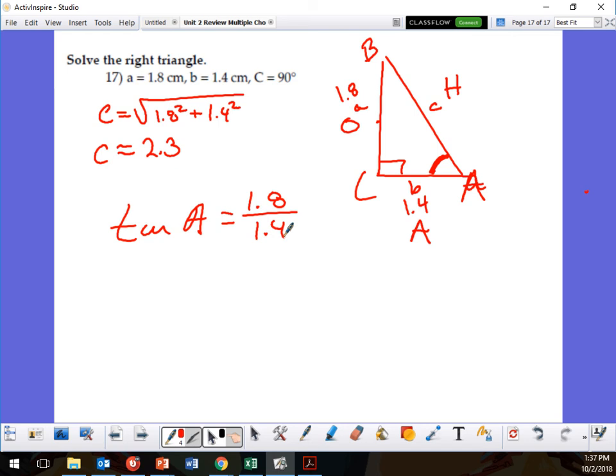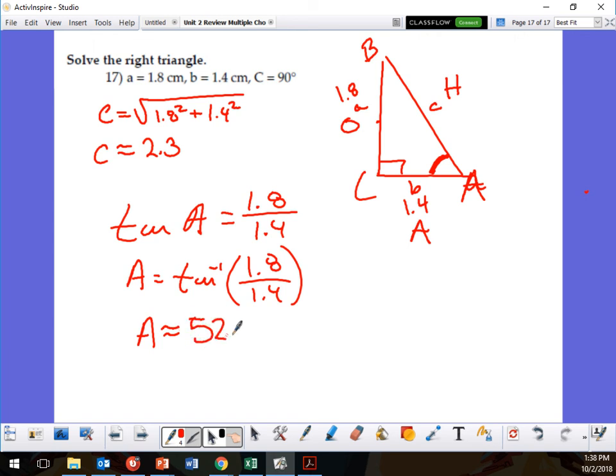If the variable's over here, you would multiply, but since the angle is my variable, A is equal to inverse tangent of 1.8 over 1.4. So A is going to be about 52.1 degrees.